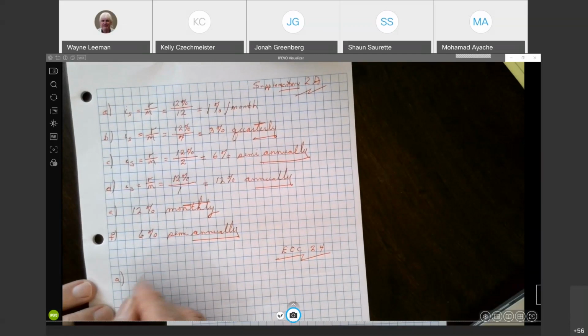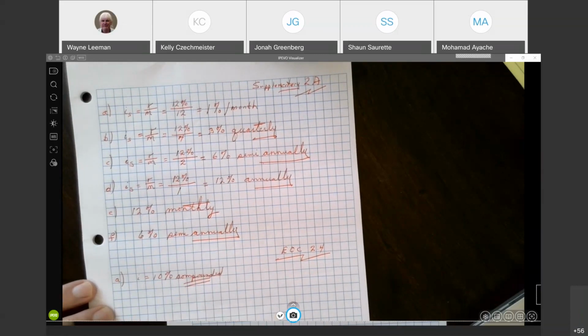So the interest rate, I'll write that down here, is equal to 10% compounded, and that's the operative word. Keep watching for that word, annually. So we're going to say here then that the sub-period interest rate will be R over M, 10% over annually.